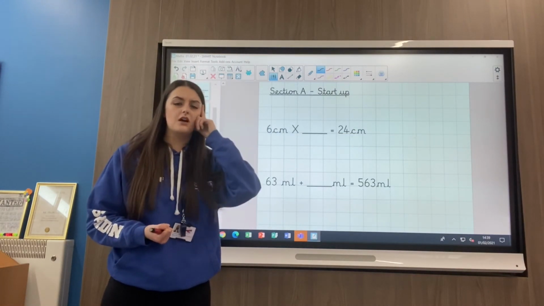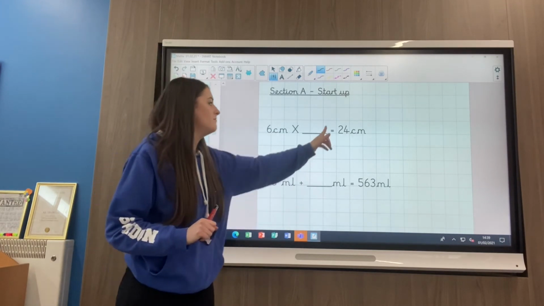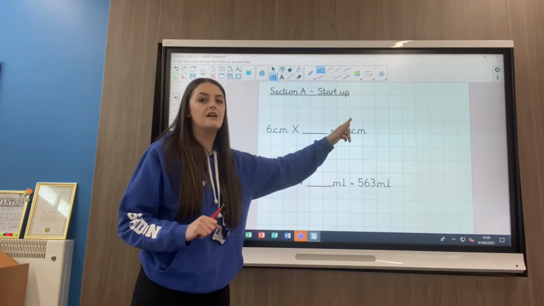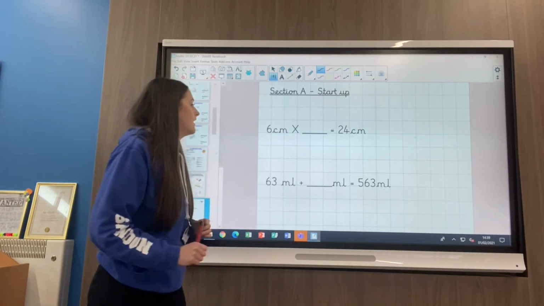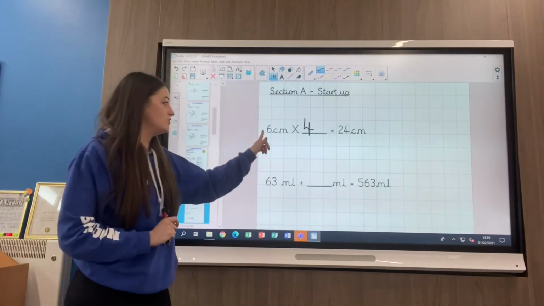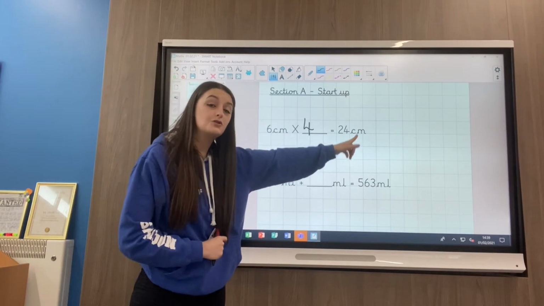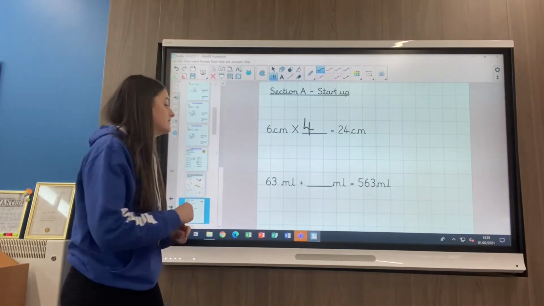So using our times tables, we did the 4 times table earlier and I remember 24 is 6 times 4, okay? So 6 times 4 equals 24 and it just so happens it's 6 centimetres times 4 equals 24 centimetres.